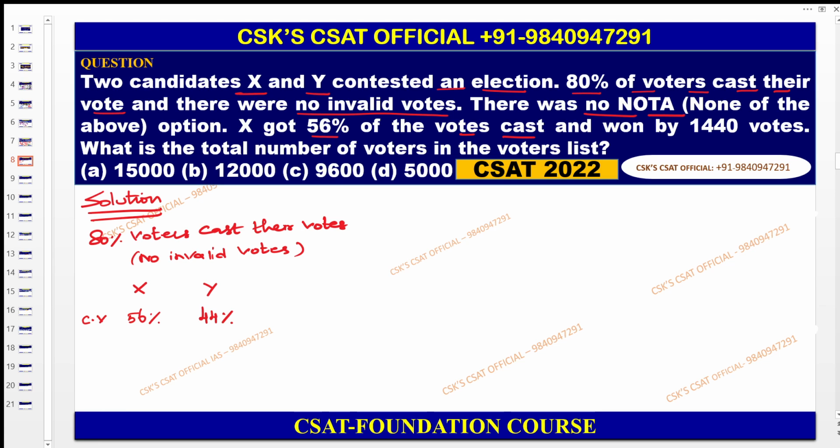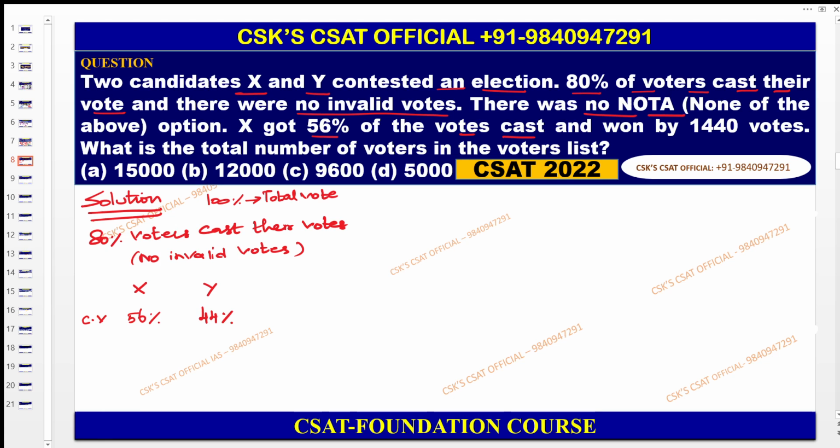So now listen very carefully. You can take 100 percent as the total vote. Here it says that 80% of the voters cast their vote, by which X got 56%.